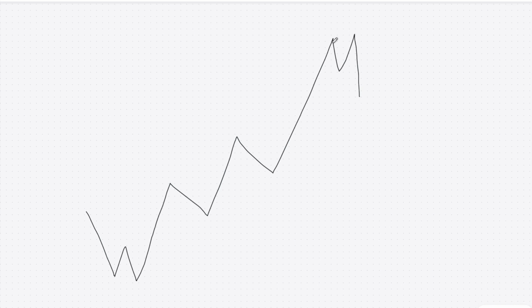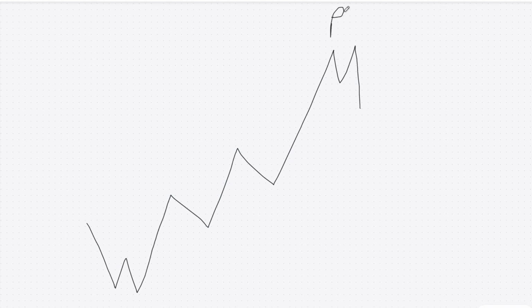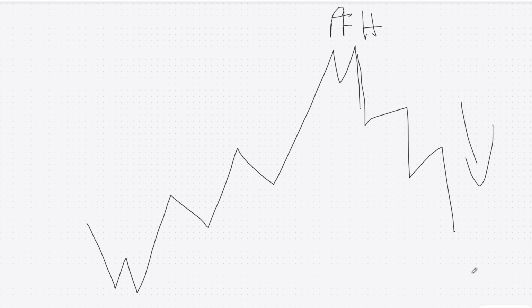All right, so now that we're going to be looking for sell setups coming off of this peak formation high up here, how long are we going to continue to look for sell setups on this?